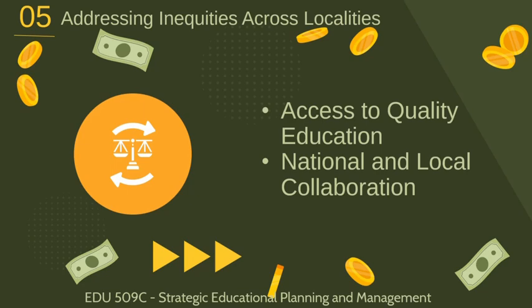So it's important that we, as educators and planners, continue to focus on these local elements to ensure that education systems not only uplift individuals but also contribute to the economic growth and development of local communities.